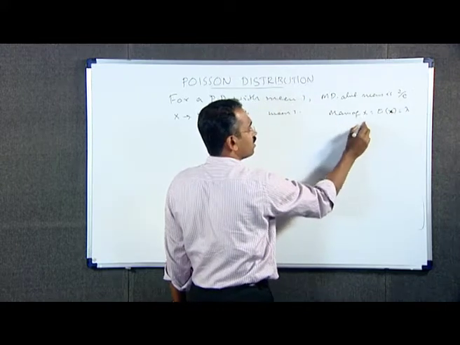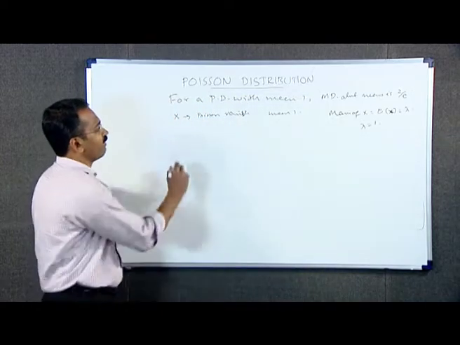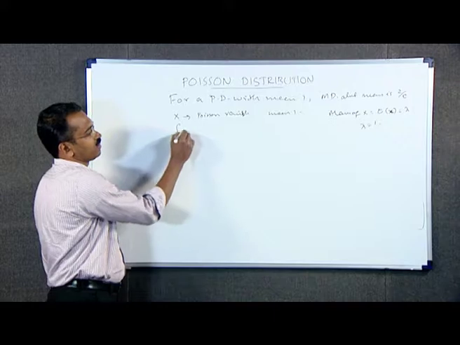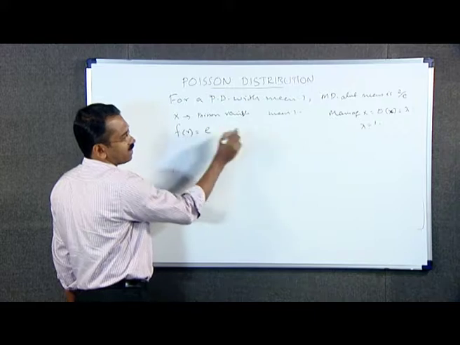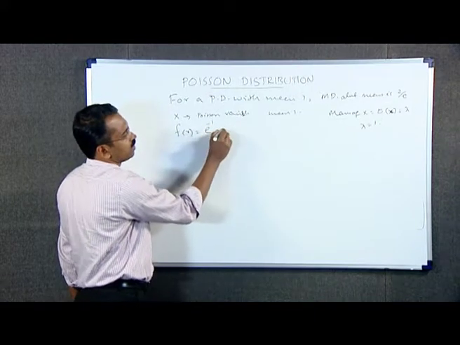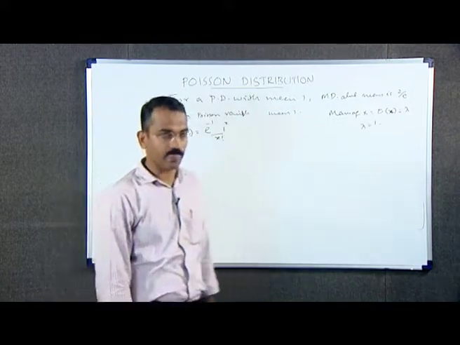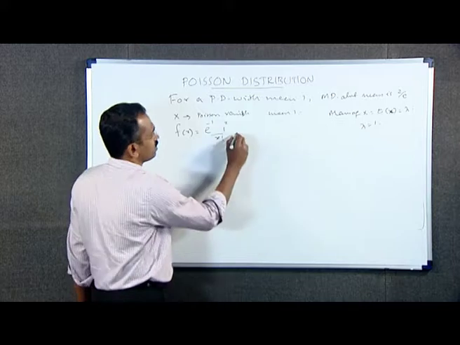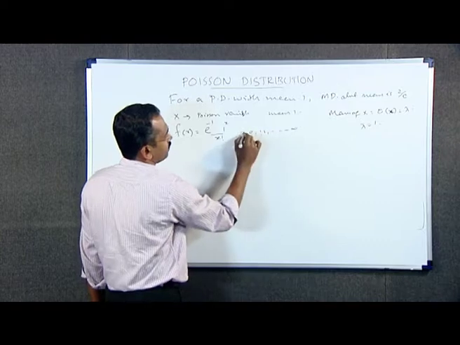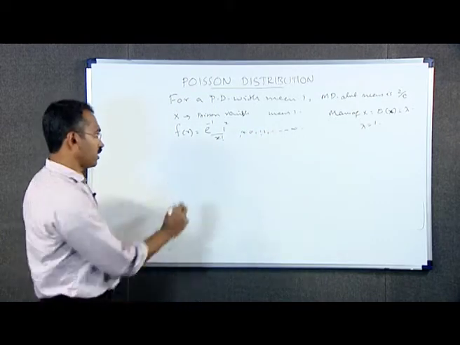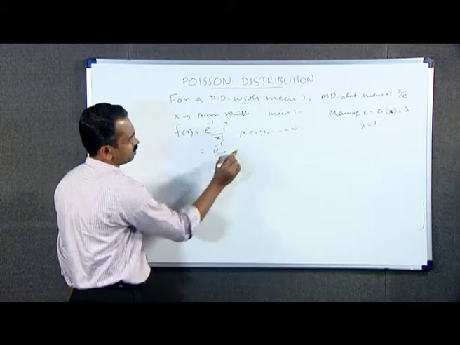Here the mean is 1, therefore the parameter lambda is 1. And we can write the corresponding probability function f of x as e raised to minus lambda, lambda raised to x divided by x factorial, where x varies from 0, 1, 2, 3 up to infinity. That is, f of x is e raised to minus 1 divided by x factorial.